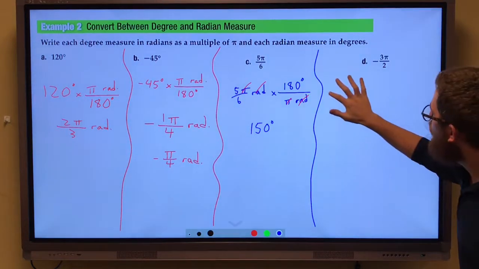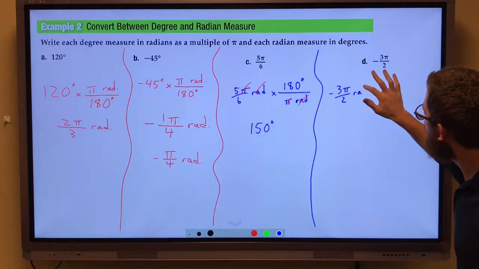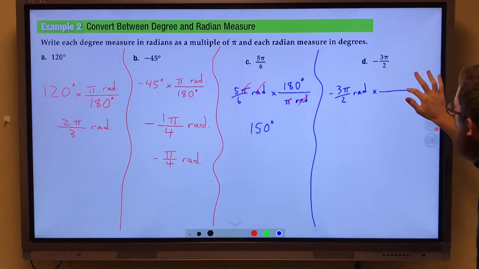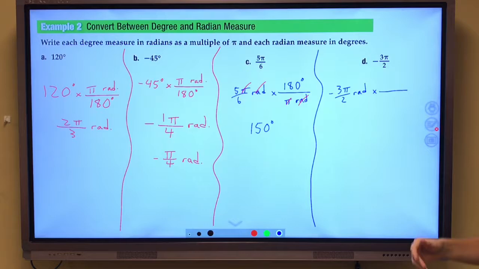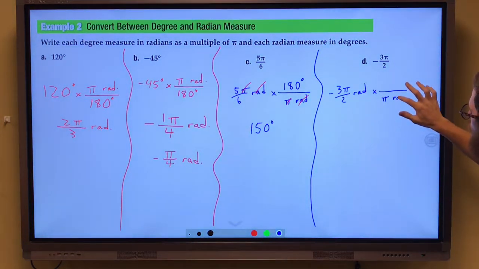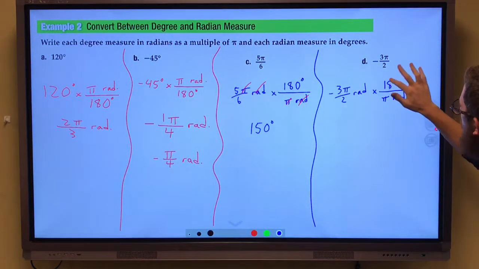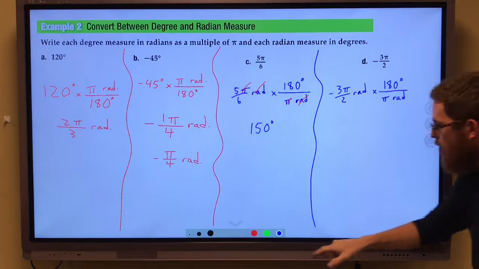Negative 3 pi over 2 radians. So when I go to set up what I'm going to multiply this by, I know radians are on the bottom. If I had radians, I need to undo the radians by dividing by them. 180 degrees for every pi radians.